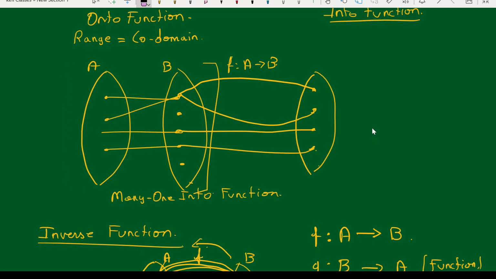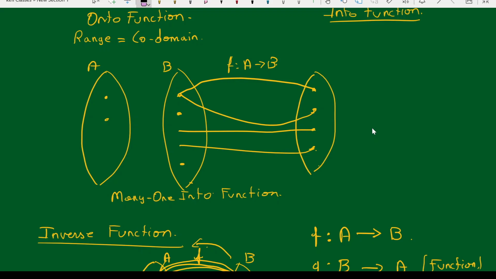Now, if I go from B to A, is this a function? No. Correct? It's not a function. It was a function from A to B, which we drew earlier, but from B to A it's not even a function.